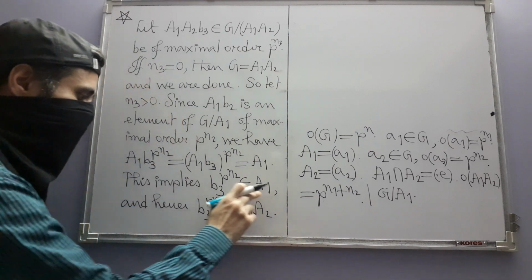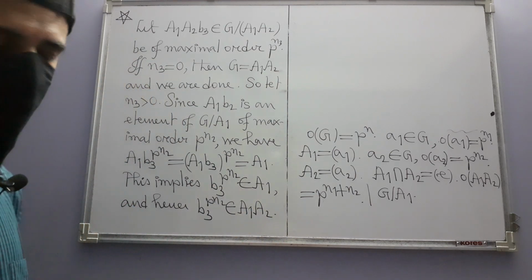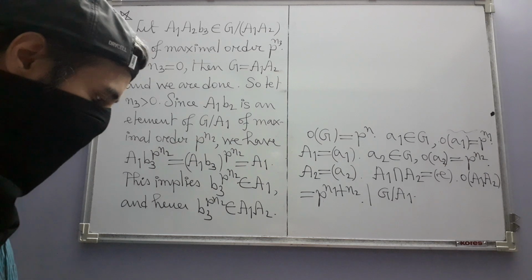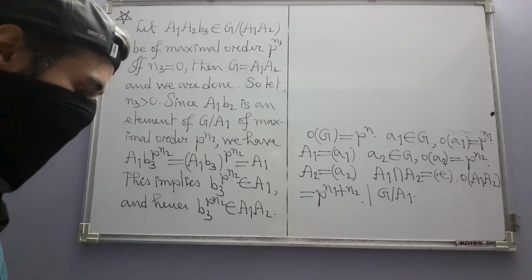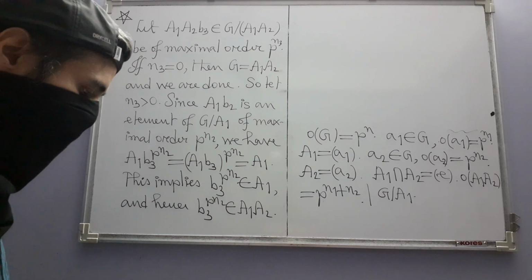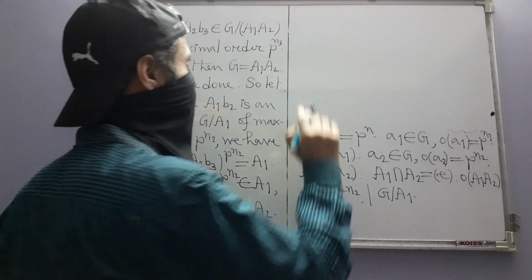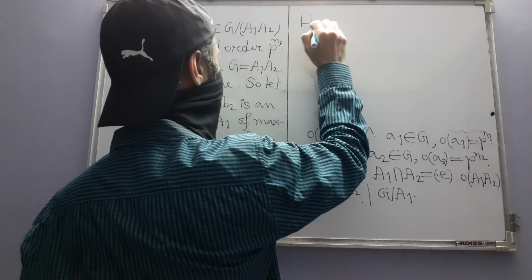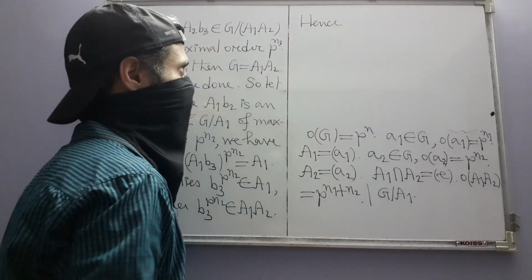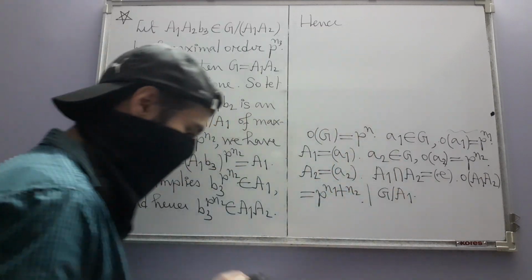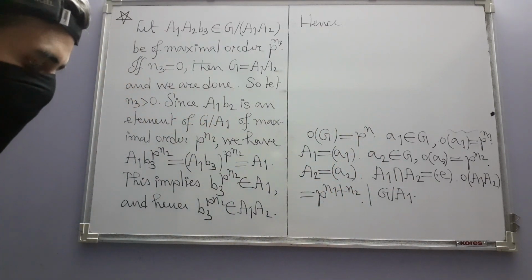Why? Because A1 is itself contained in A1 A2. Hence, n3 has to be less than or equal to n2.